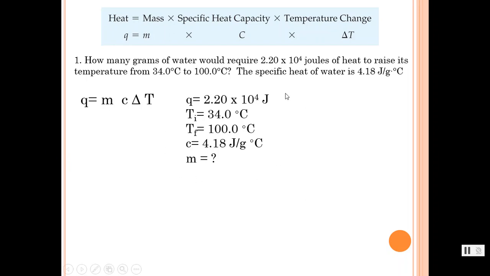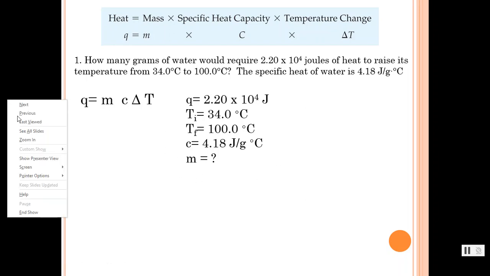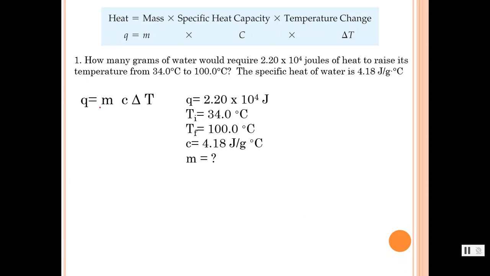So here's the information that I'm given. I know that I'm going to be using Q equals mc delta T to solve for mass. But I see right now that equation is set up so that it's solved for Q. So I can solve this equation for mass by dividing both sides by C delta T. And doing that gives me this equation down here that's written more neatly, because the C delta T cancels with the C delta T over here.